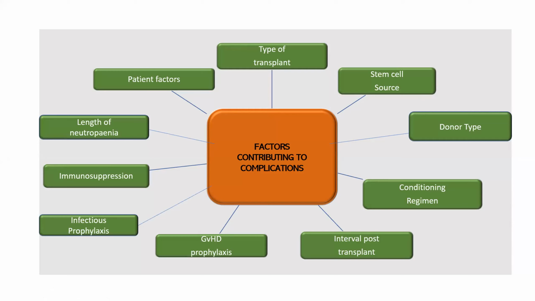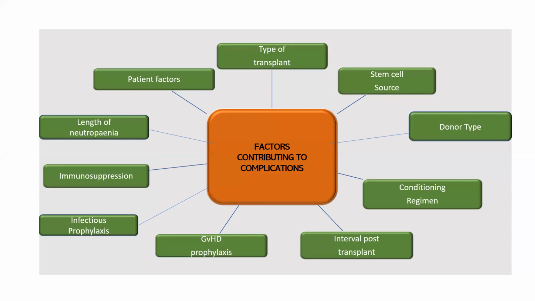Patients undergoing autologous transplants tend to have fewer of the immune-related problems, but are still at risk for infections mainly, as compared to allogeneic transplants, where it's more intricate and complicated. Then the type of stem cell that you're using: is it bone marrow, peripheral blood, or cord blood? The donor type: is it a matched sibling, an unrelated donor, a matched related donor, or is it a haplo?